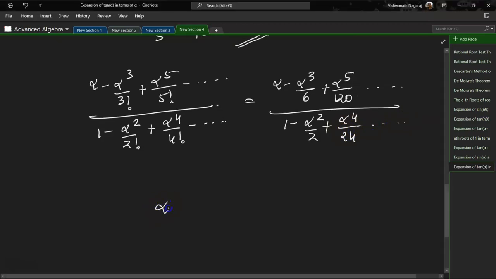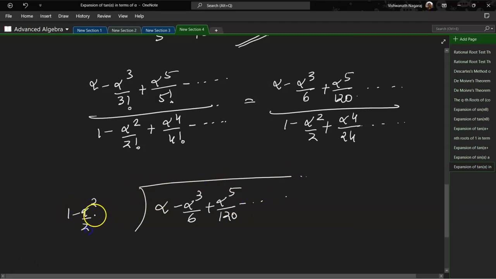So alpha minus alpha cube by 6 plus alpha 5 by 120 minus, divided by 1 minus alpha square by 2 plus alpha 4 by 24 minus. Okay. Now let's multiply it by alpha.